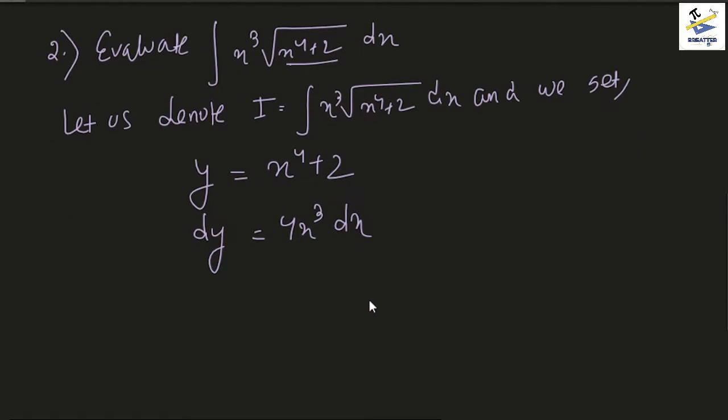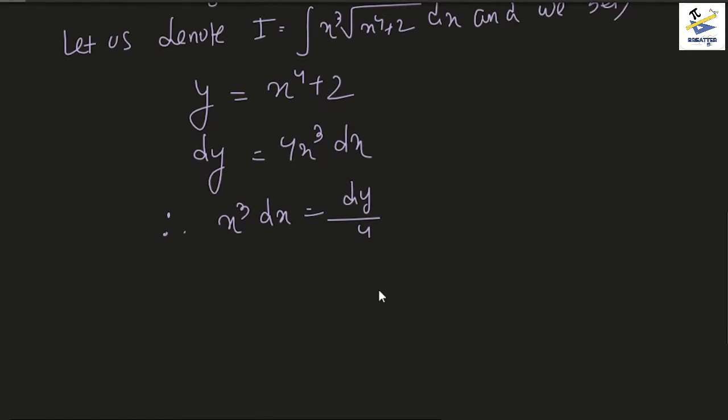And we want the value for x cube dx here in terms of y. So therefore x cube dx is just dy by 4.